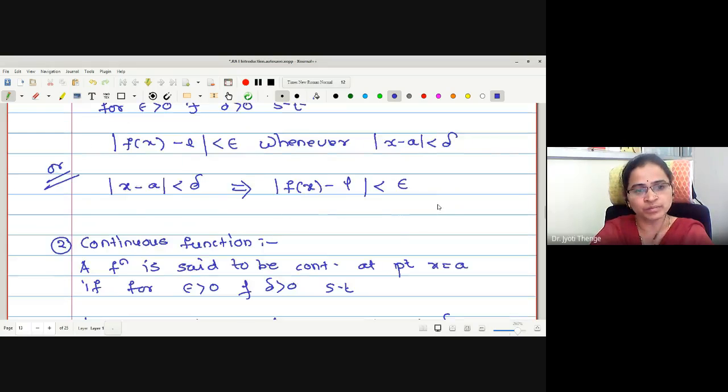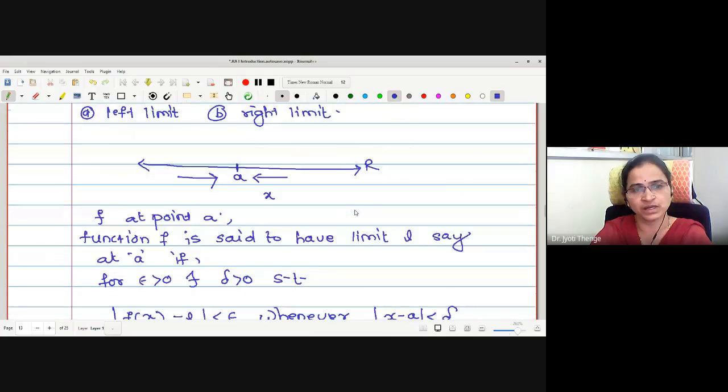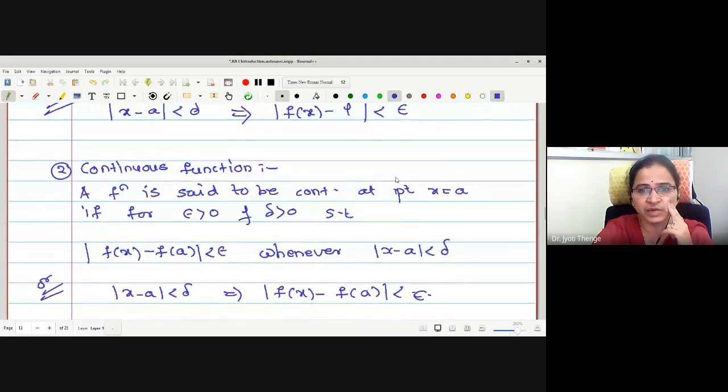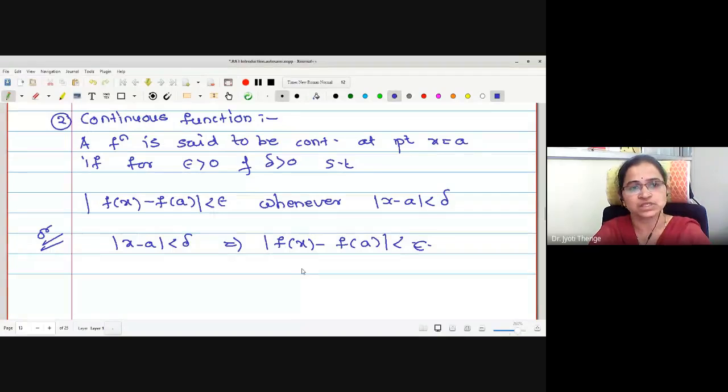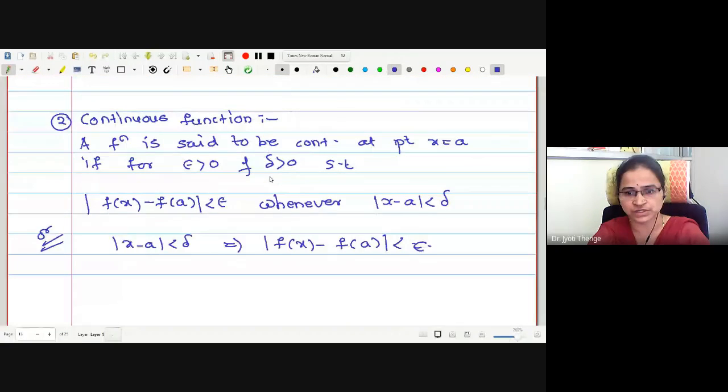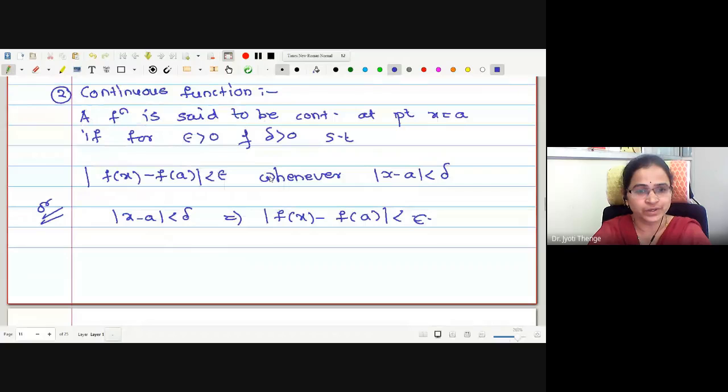Therefore, if you compare the definitions of the limit of a function and a continuous function, the definitions go parallel. Instead of the limit L, if the limit value of the function is f of a, the function is continuous. This is the textbook definition we have. Let us try to understand the definition of this modulus function.